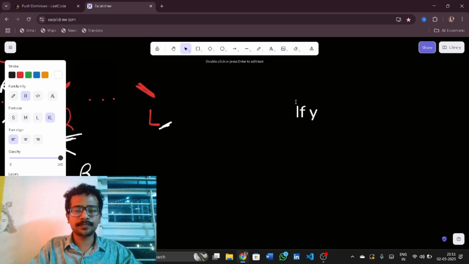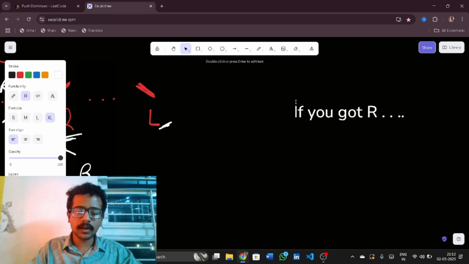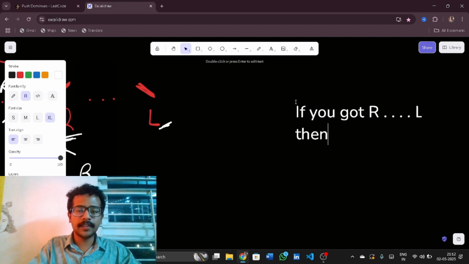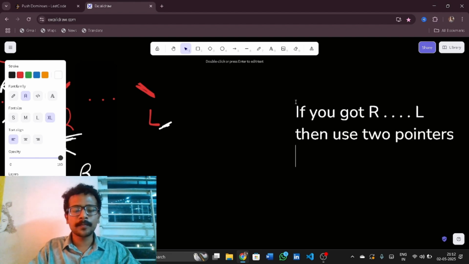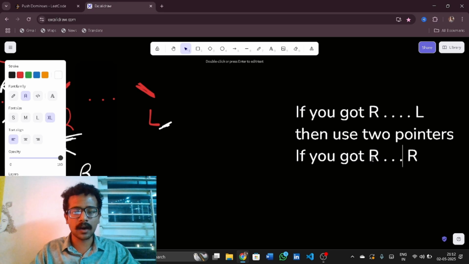If you got R, dot dot dot, and something like that, and L, then use two pointers. That's it. Use two pointers. If you got R and then something like an R, that means I got this as a previous R, the index as previous R.